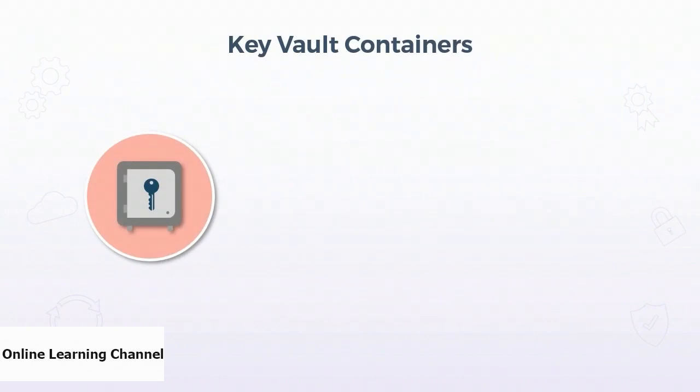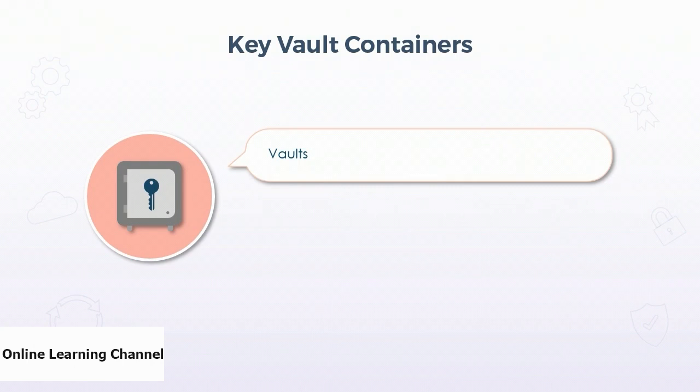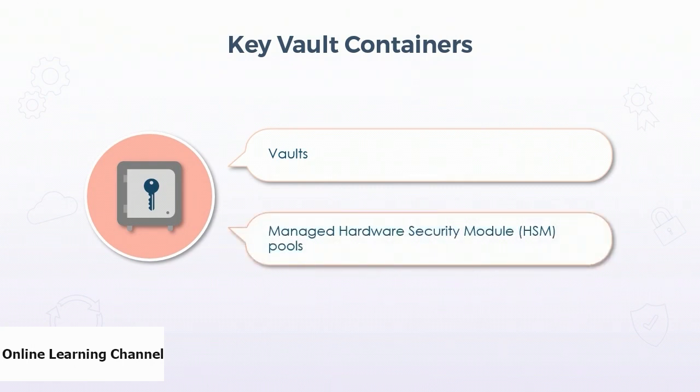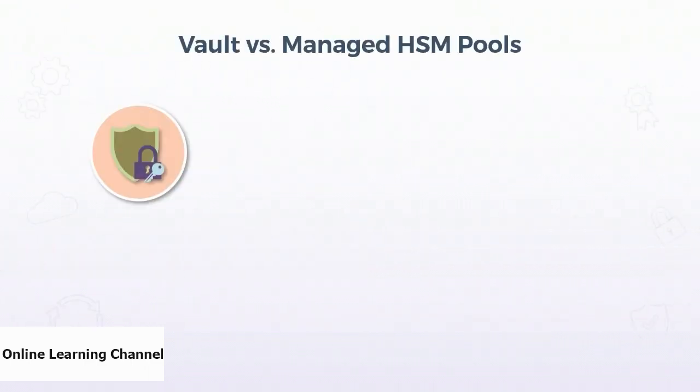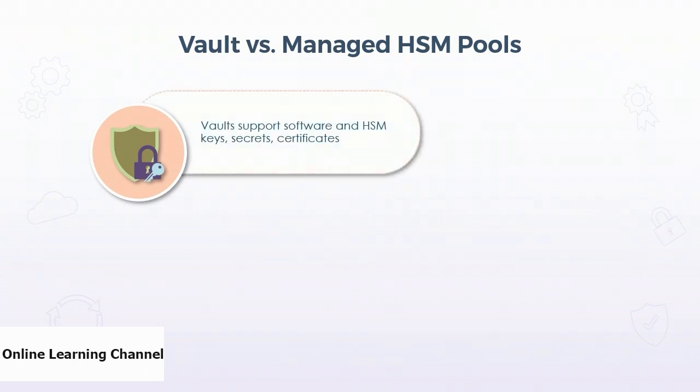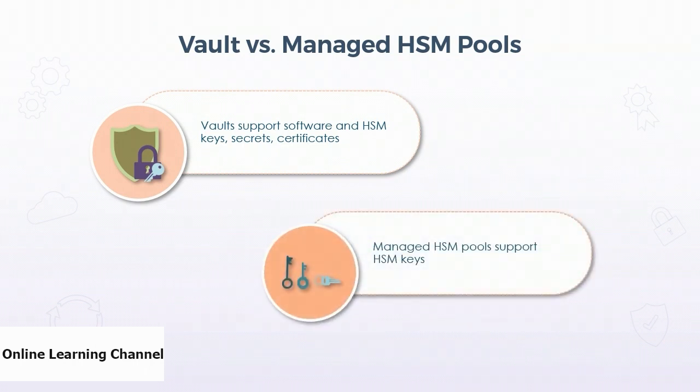Key Vault supports two types of containers. It supports vaults, and it supports HSM, or Managed Hardware Security Module pools. So let's take a look at the differences between those. What is the difference between a vault versus a managed HSM pool? Vaults support software and HSM keys, secrets, and certificates, whereas a managed HSM pool supports HSM keys.